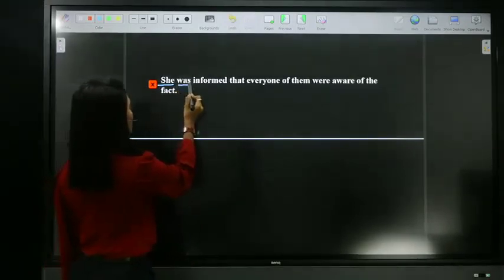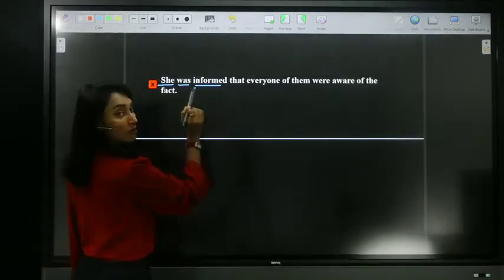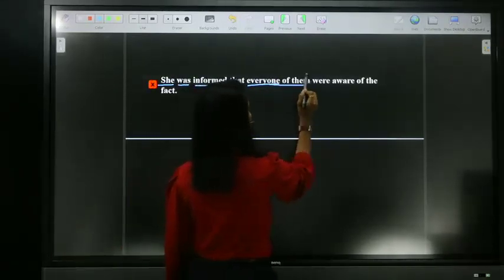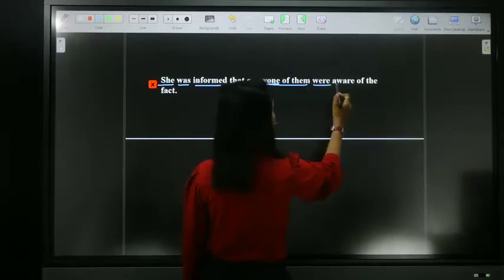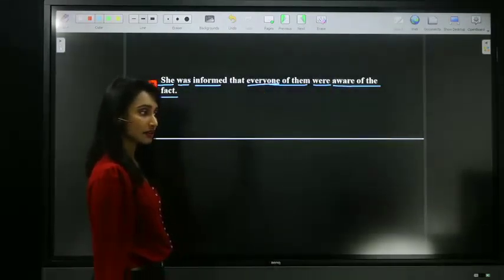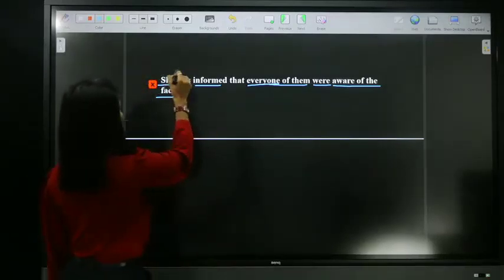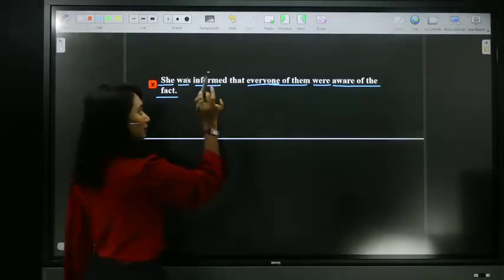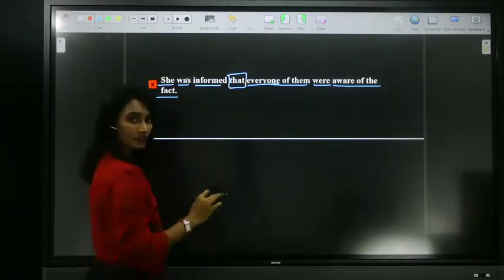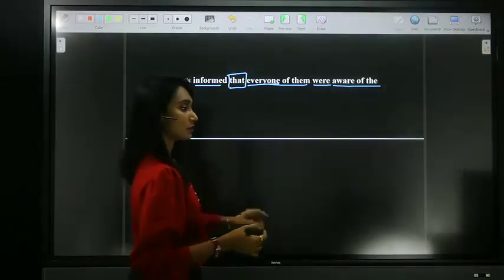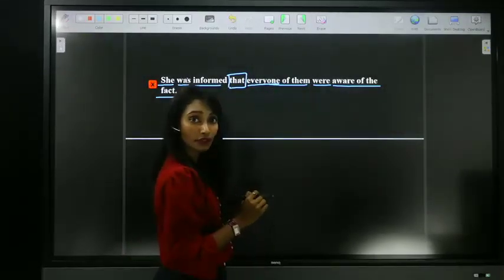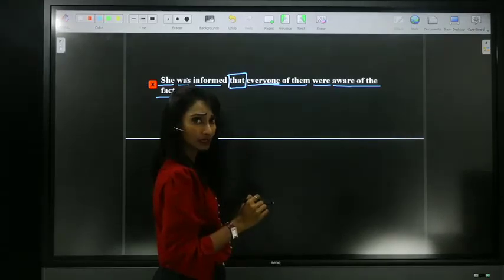She was informed, subject, verb, object, that every one of them, again subject, verb, aware of the fact, object. So what is the error here? Here, that is a conjunction, or you can take it as a relative pronoun. Now, look at this. Every one of them. Is it singular or plural?